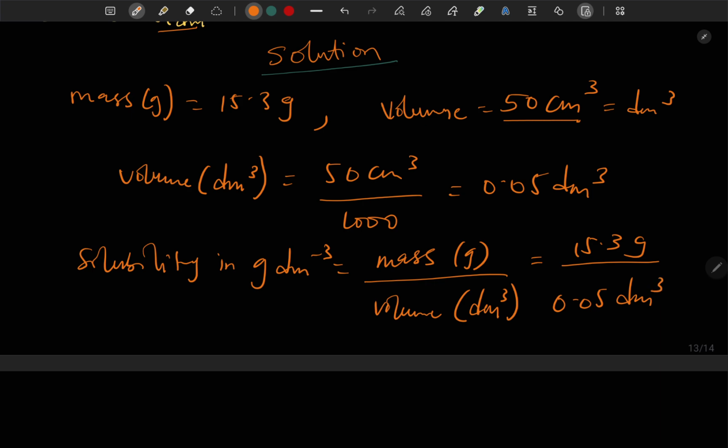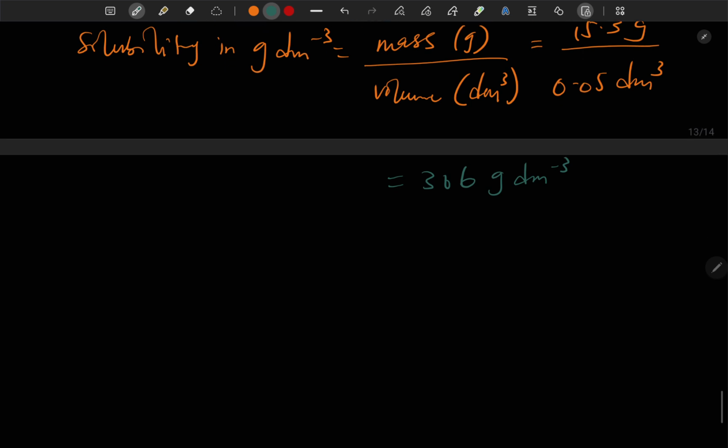So let's do that. 15.3 divided by 0.05, and that is 306, equal to 306 gram per dm³. So now we know that the solubility in gram per dm³ is 306 gram per dm³.